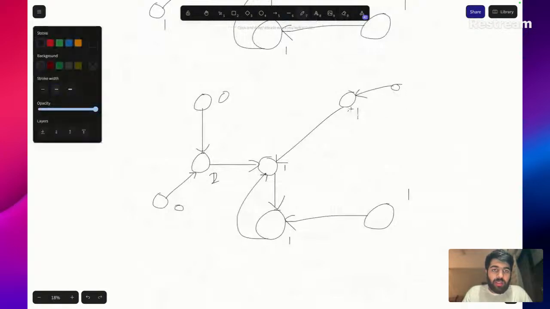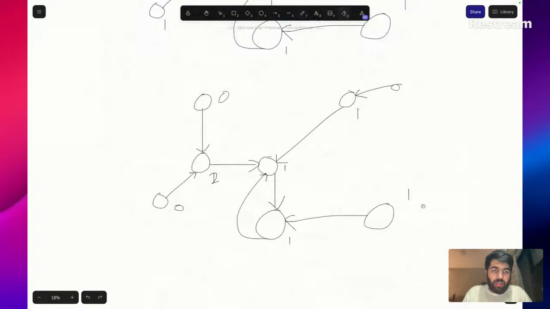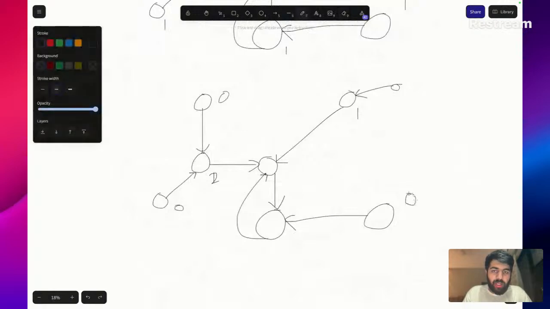This one will become a 0. This one will remain. This will just go away. This will also change, but this will become a 0 over here. This will also become a 0. Now I'll have added 2 over here. I'll get 2 here and 3 over here. One from here, one from here, one from here.